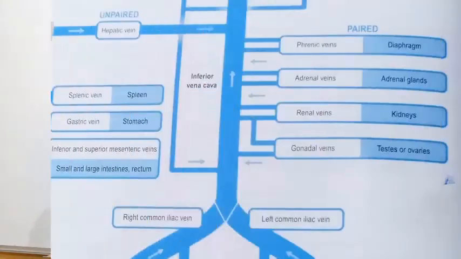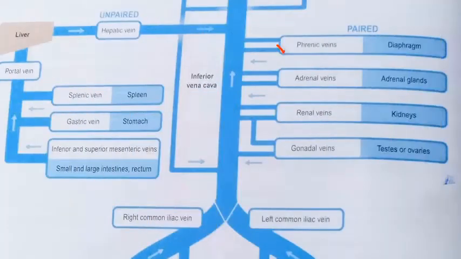We have the phrenic veins, renal veins, adrenal veins, and gonadal veins. The phrenic veins supply the diaphragm.